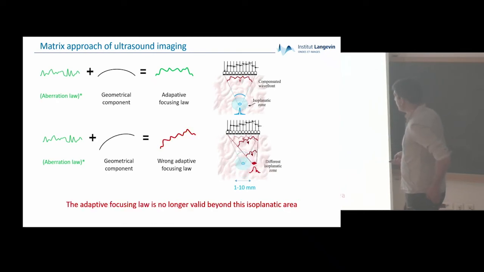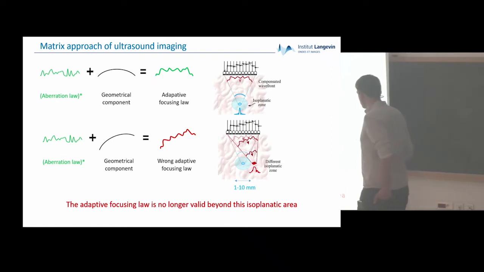So when you apply a geometrical component that is too far from the initial point, then you go out of the isoplanatic patch, and you don't compensate the aberration properly, because your incident wave field is not going through the same area of your medium.